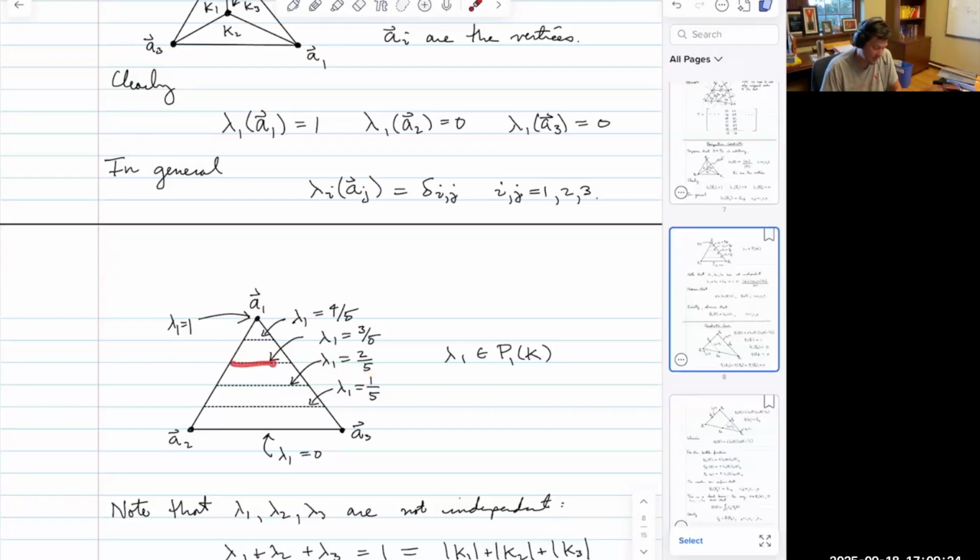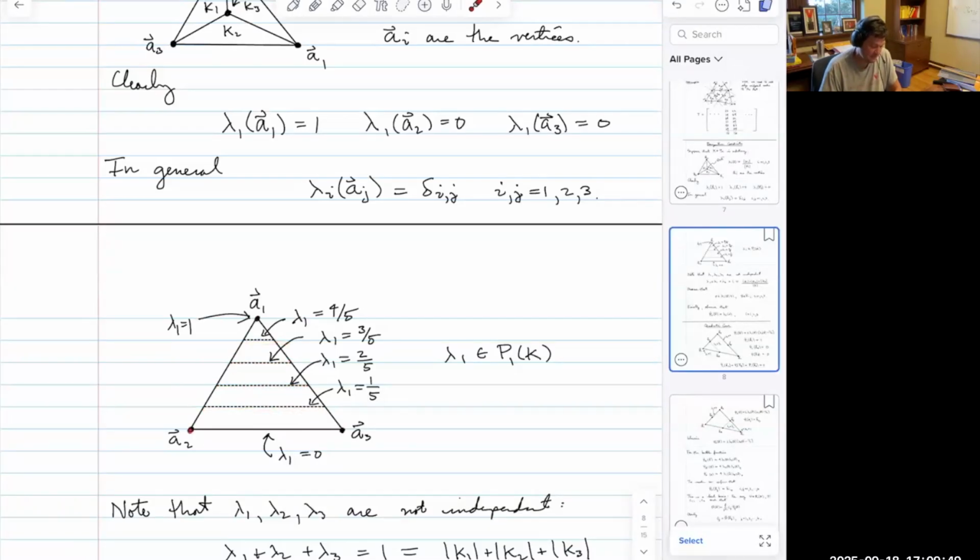And so on. If I keep going, this is going to have an area ratio of lambda 1 equals 3/5, 4/5, and then this guy up here, if I take X to be up here, then the K1 triangle is the whole triangle, and so the ratio of areas is going to be 1. So these are the isocontours for this lambda 1 function.